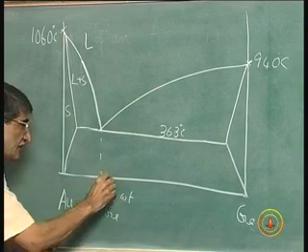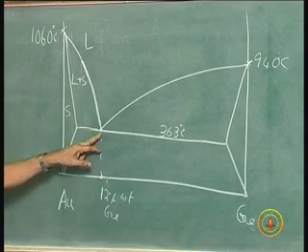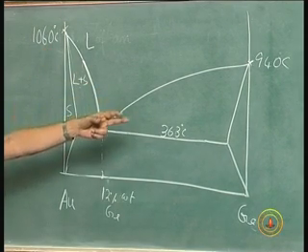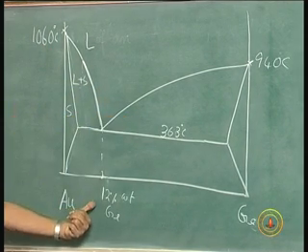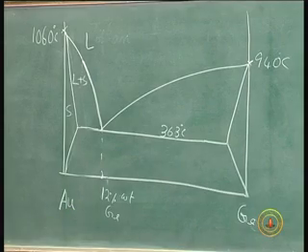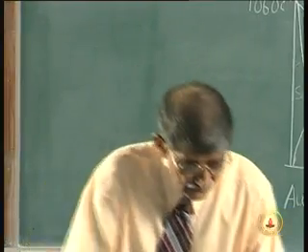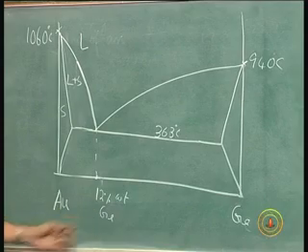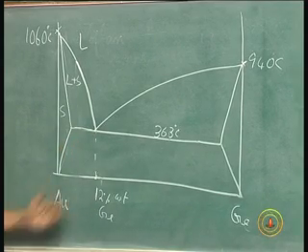What we are saying is, there is a melting point for gold germanium which is lower than either gold or germanium, when the composition is 12% by weight or 27 atomic percentage. Okay. That is 27 atomic percentage of germanium or 12% by weight, the melting point is around 360 degrees centigrade.